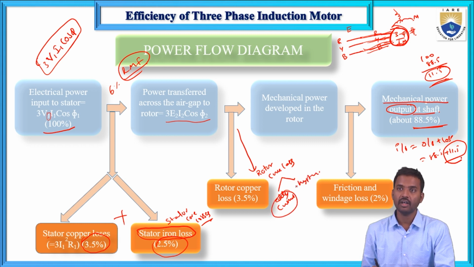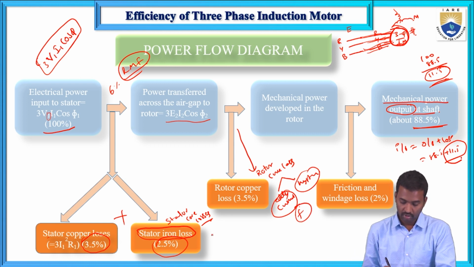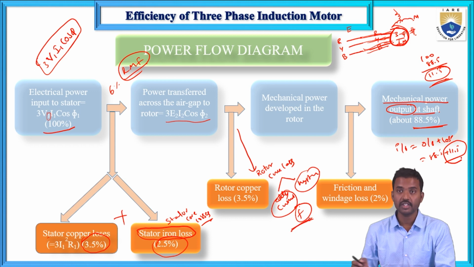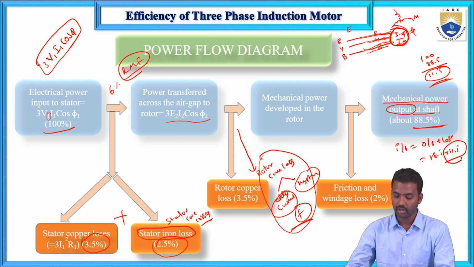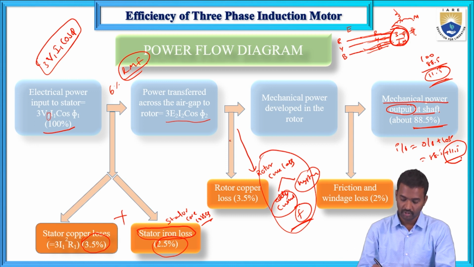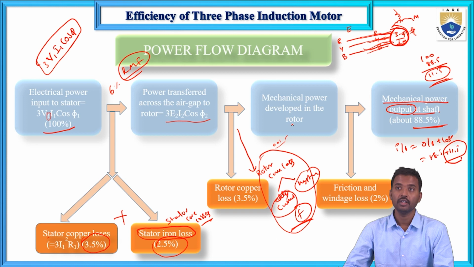These depend upon the frequency only, and as compared to the stator frequency, the rotor frequency value is very less. So we can neglect the rotor core losses, that is, eddy current losses and hysteresis losses. They may be only 0.01 percent, so no need to consider the rotor core losses here.